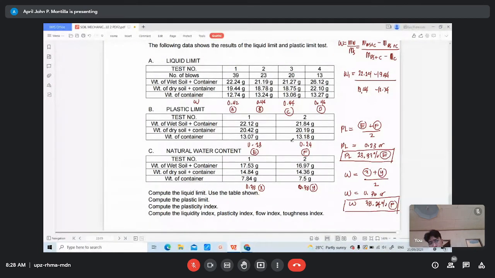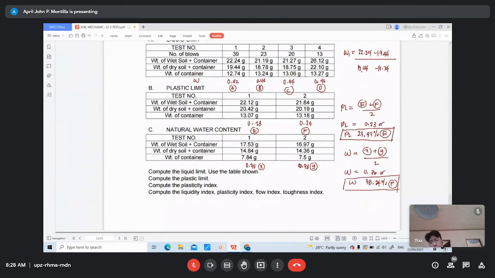Balikan natin tong liquid limit test. For the liquid limit test, dapat naka-project yung 25. So, sulat lang natin ulit. If the number of blows is 39, its corresponding water content is, in decimal form lang siya, 0.42, naka-stored value yan.